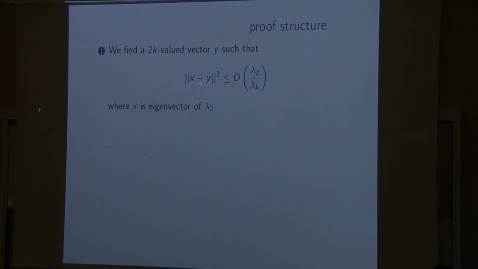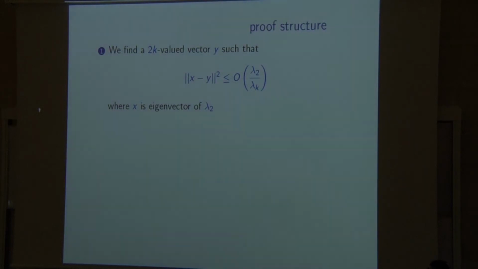And what we show is that in this kind of graphs, the eigenvector of lambda 2 is almost Boolean. So when you look at the entries, there are 2k values such that most entries are close to those 2k values.